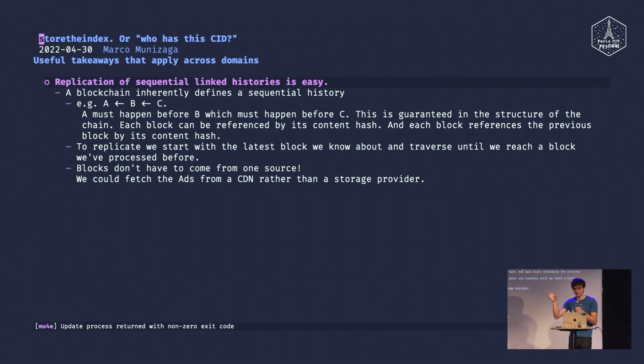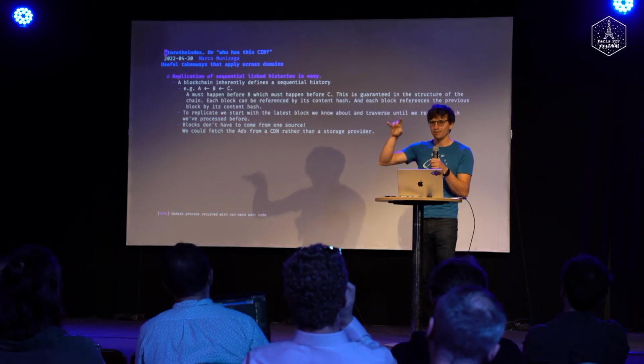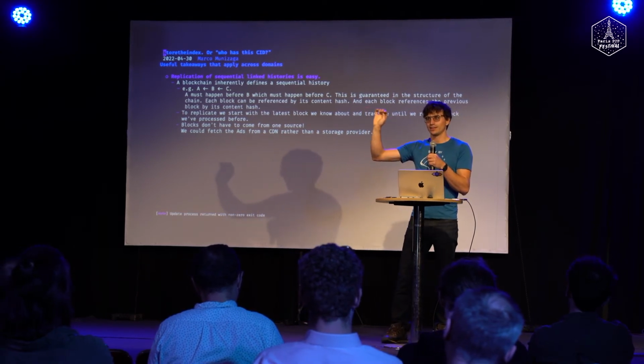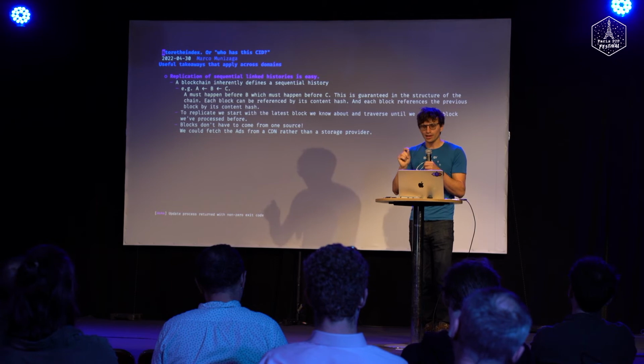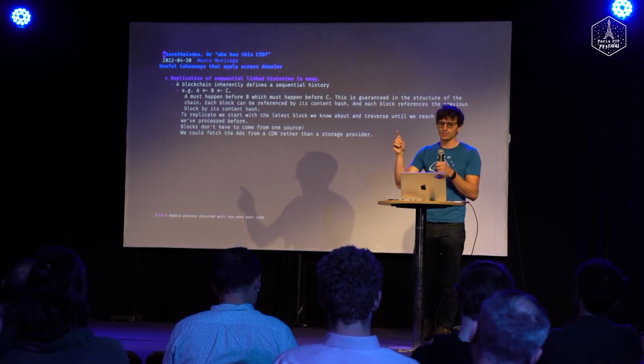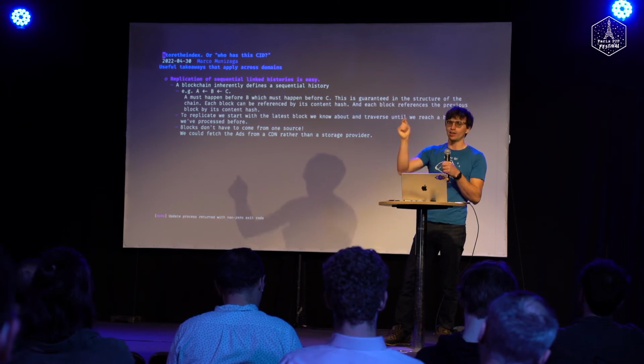Because everything is content addressed, the storage provider can give the block to a CDN, and indexers can get the block from the CDN rather than the storage provider. And a CDN can also use the indexers to figure out which storage provider it needs to get the data from. So you end up with this fun feedback loop.